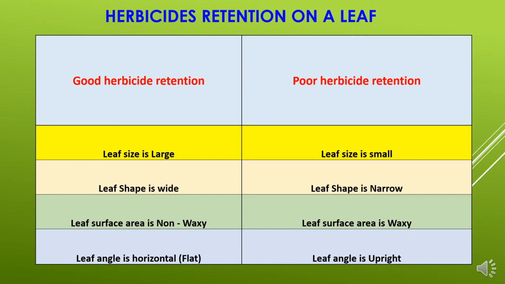If leaf size is large, leaf shape is wide, leaf surface is non-waxy, and leaf angle is horizontal and flat, it will result in good herbicide retention. Opposite to this, if leaf size is small, leaf shape is narrow, leaf surface is waxy, and leaf angle is upright, then it will result in poor herbicide retention.